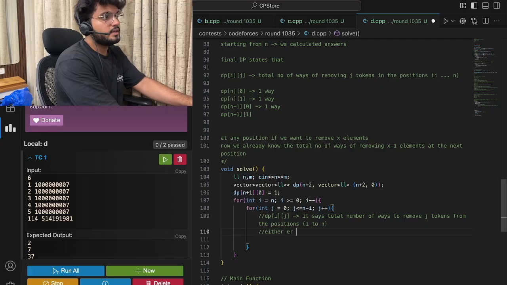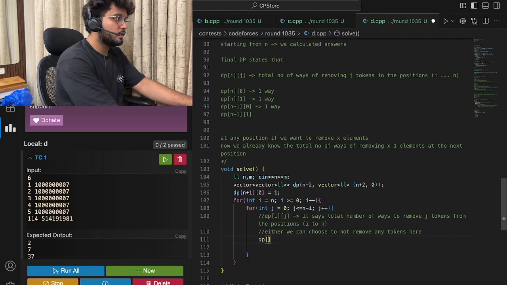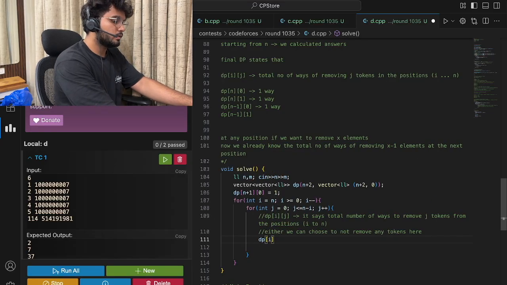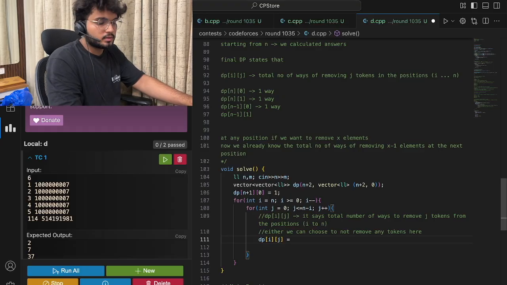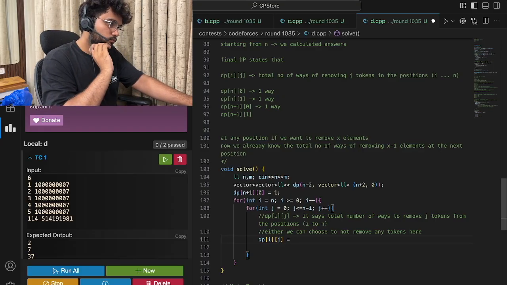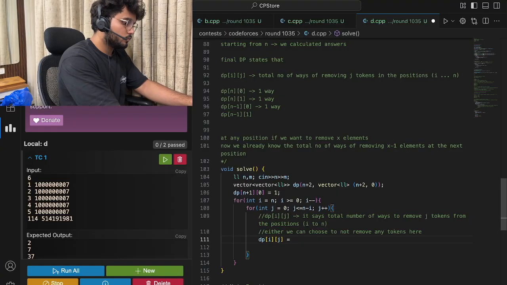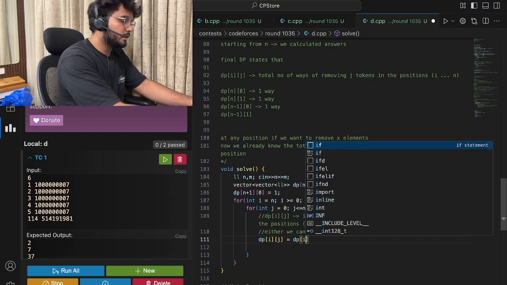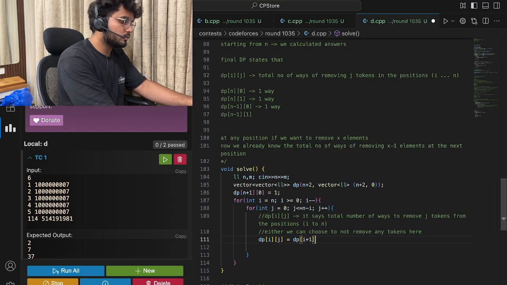See, either we can choose to not remove any tokens here. Okay, which means dp of i, j, we are not removing any tokens, so then this will be equivalent to dp of i plus 1, j.